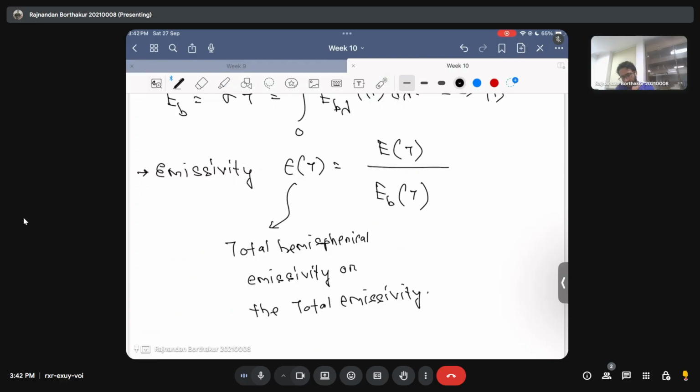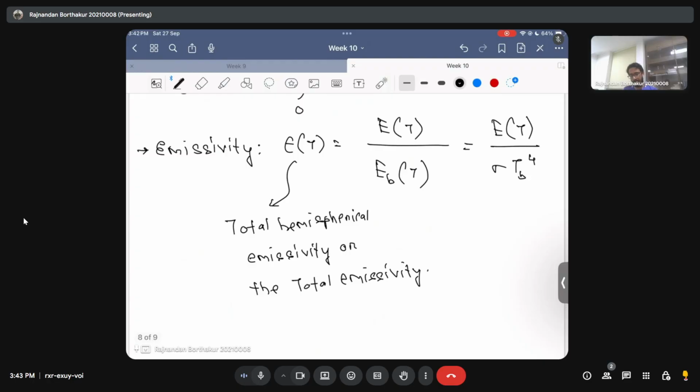Okay, and this is defined as the total emissive power, or the total hemispherical emissive power, divided by the total emissive power of a black body. And we know from the Stefan-Boltzmann law that the total emissive power of a black body is just sigma times the temperature of the black body raised to the power 4. That's how the total emissivity is defined.